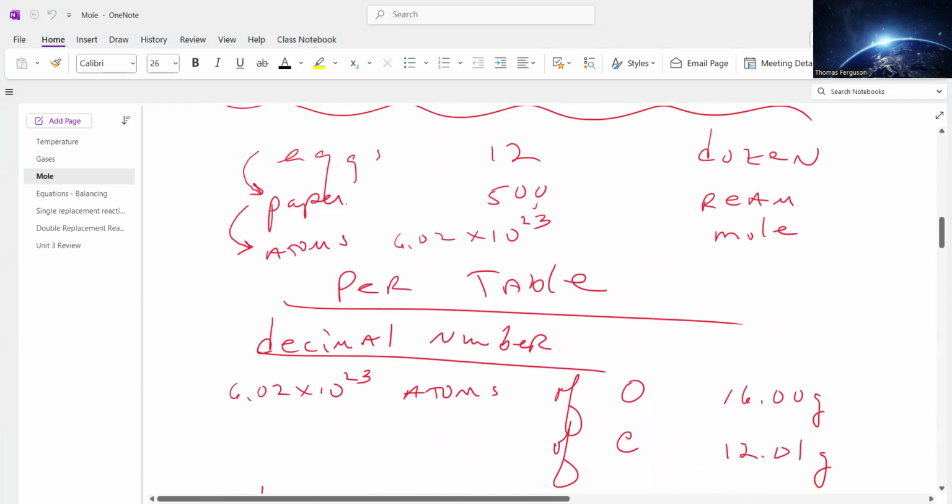Okay, so all areas of science, engineering, health have convenient units. For example, pH, a convenient unit to measure the strength of an acid or base.